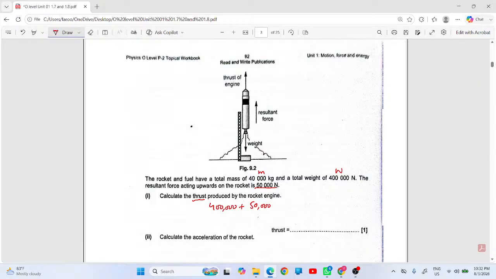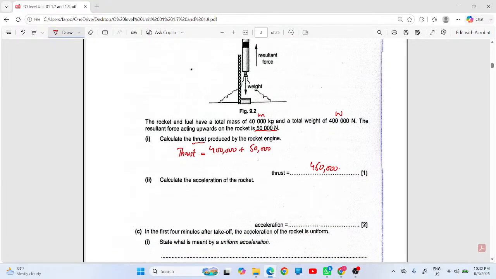Okay, so the total force thrust equals दोनों की इक्वल होगी ना. So this is 450,000.